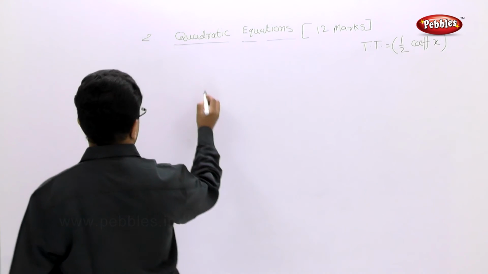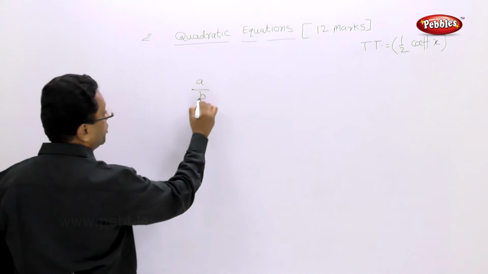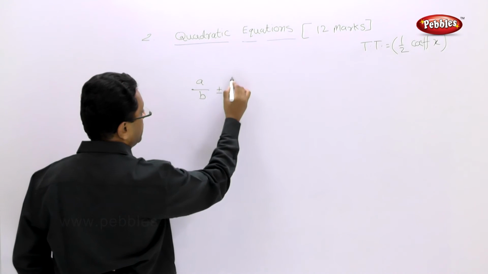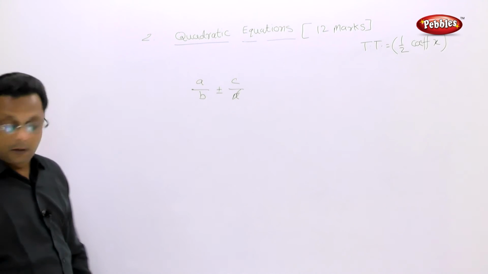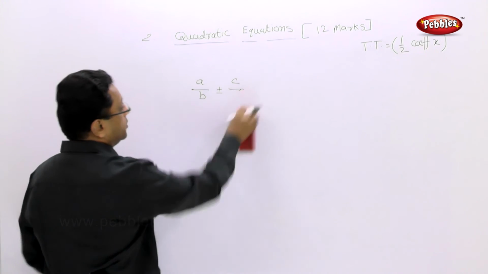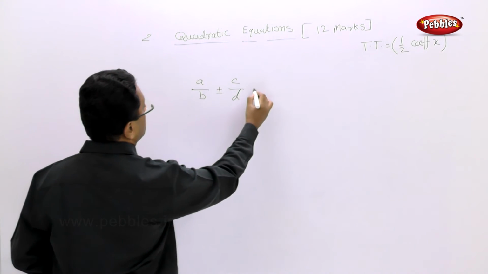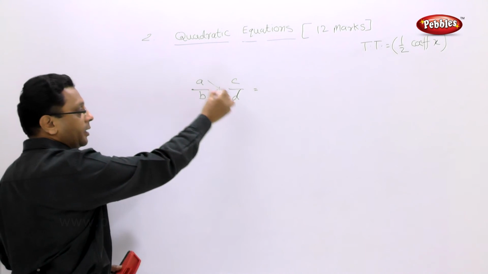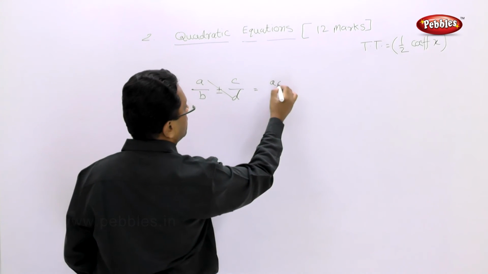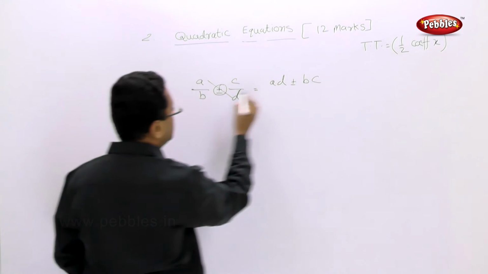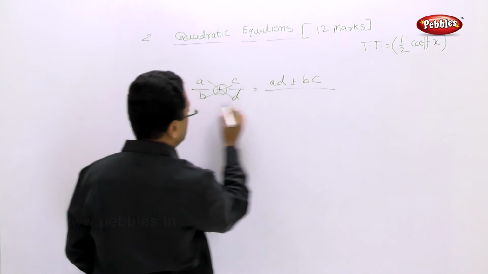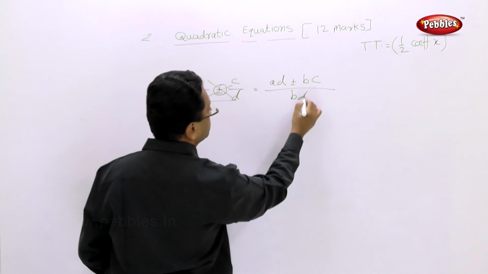Again I am telling you, remember this rule: a upon b plus minus c upon d equal to cross multiply, AD plus minus BC upon BD.